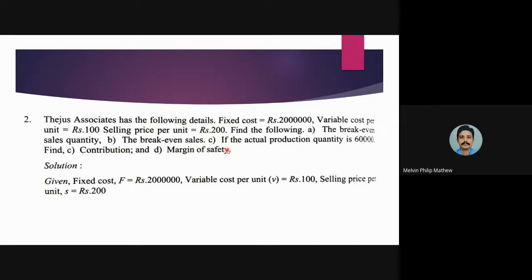Okay, just write down the given data. Fixed cost F is 20 lakh. Variable cost per unit V is equal to rupees 100.